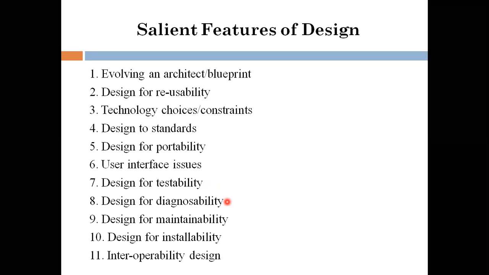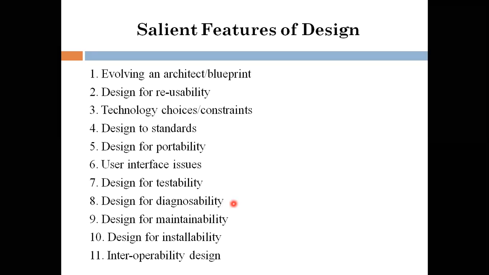Design for diagnosability, in short, is to concentrate and find the root cause of the problem. Whatever problem we are stuck with, find the root cause of that particular problem and then try to overcome it.